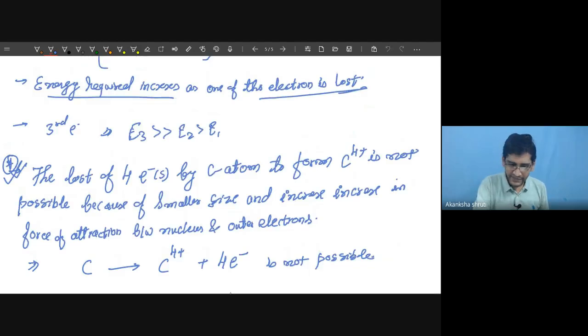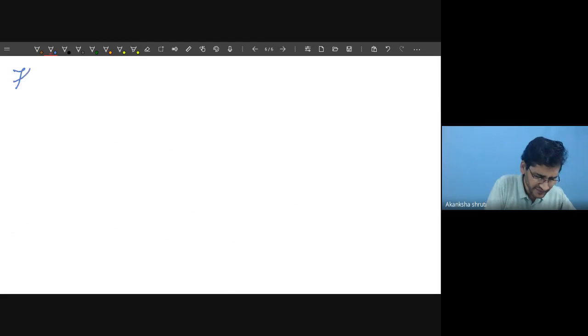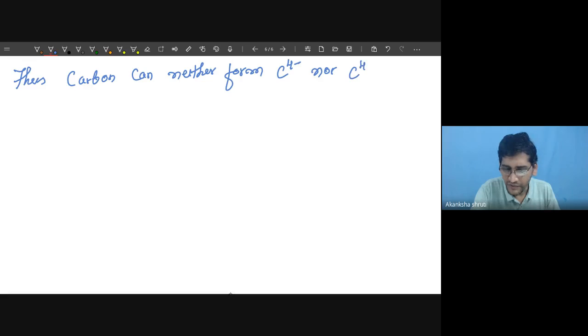So from the above analysis, what we have observed, that we are going to write. So thus carbon can neither form C4+ nor C4-. So forming this positive ion or negative ion is called what?